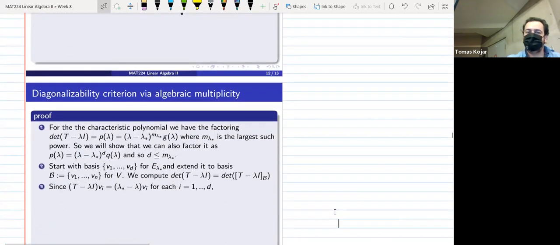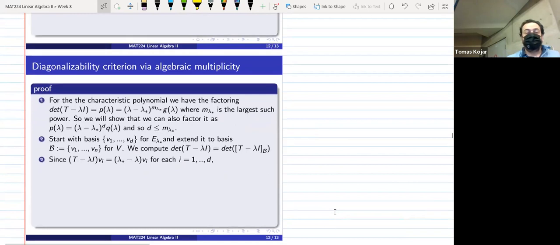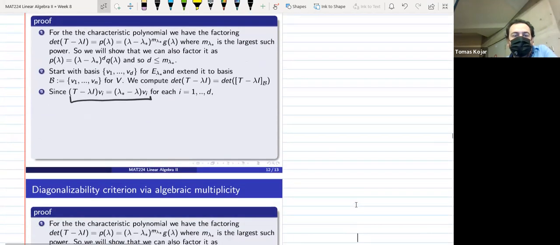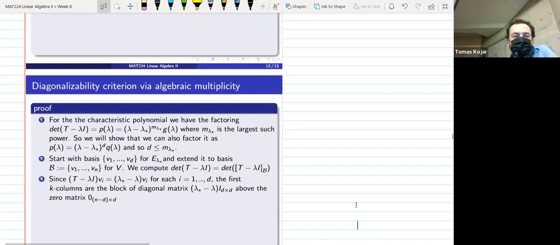So this is a good time to do this. Right, so this is the definition of being an eigenvector. And let's see how we use this.